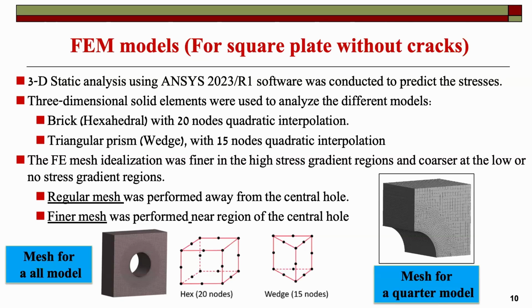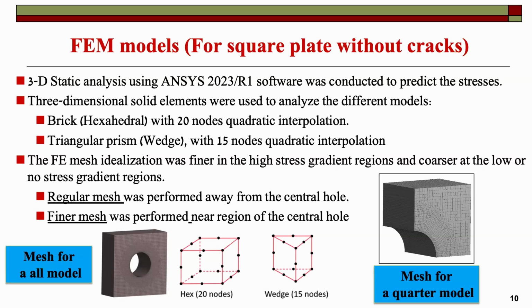For the model without crack, I made a static analysis with ANSYS. We take 3-dimensional solid elements, 20-node brick elements and 15-node triangular elements. The finite element mesh idealization was finer with a high stress gradient near the hole, and coarser farther out where there is no stress gradient.